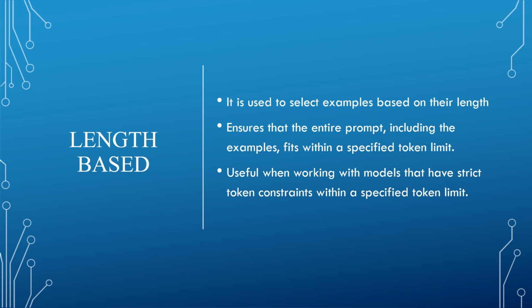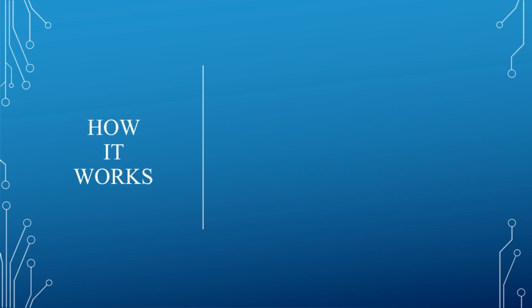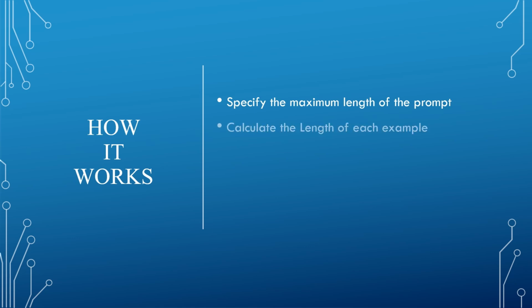By selecting examples that fit within the token limit, you can ensure that the model receives a complete prompt, allowing it to perform at its best. Here's how length-based example selector works. First, specify the maximum length of the prompt according to the LLM model you are using. Second, calculate the length of each example.